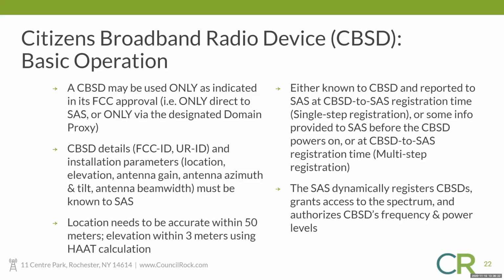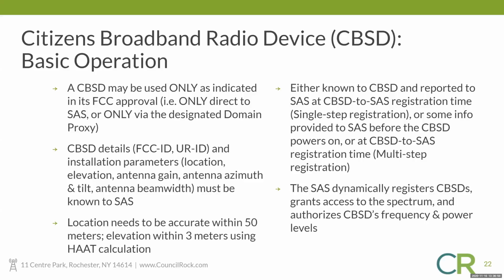So the label on the unit is going to say if it connects to the SAS using a domain proxy or directly. The FCC ID and the installation parameters, which are location, elevation, antenna gain, antenna azimuth, tilt, and antenna beam width, need to be relayed to the SAS.